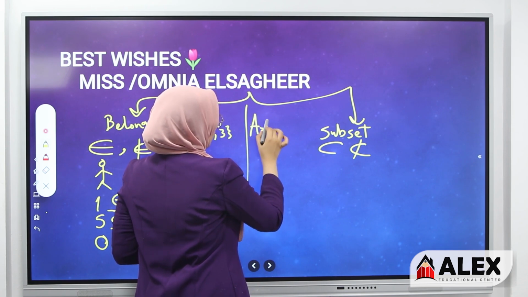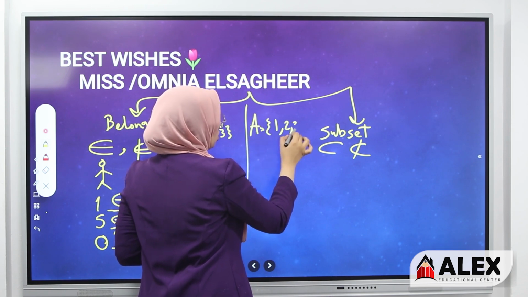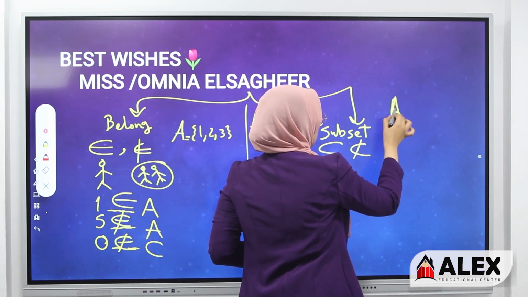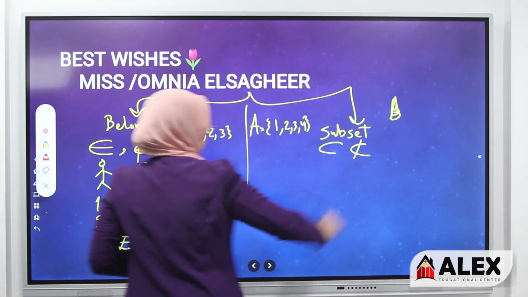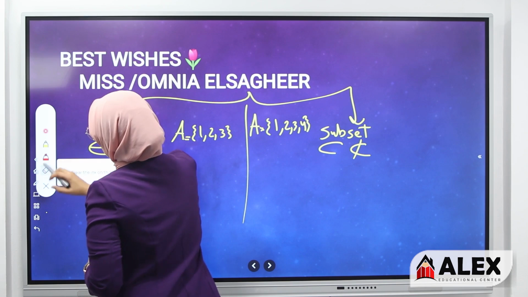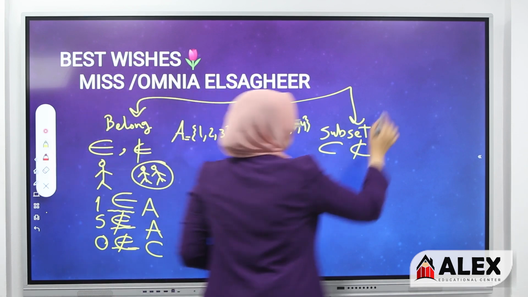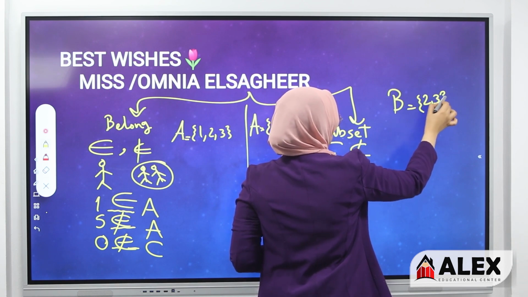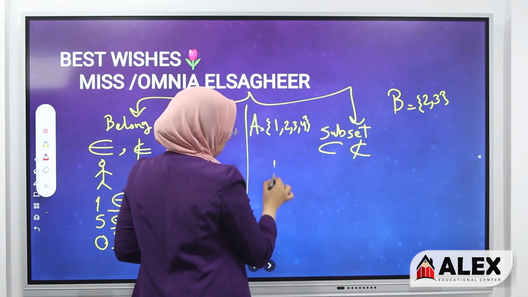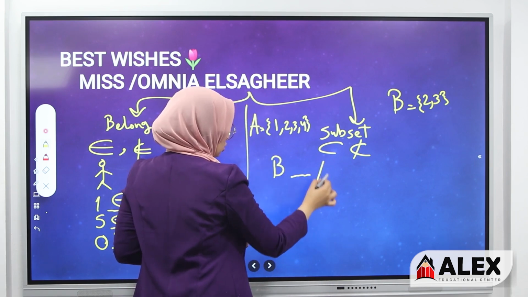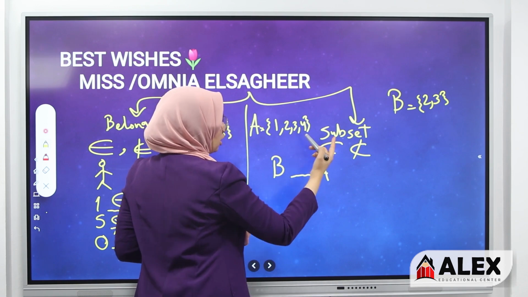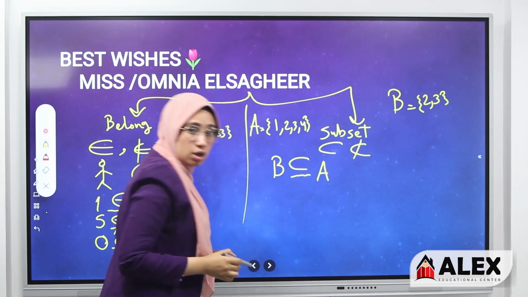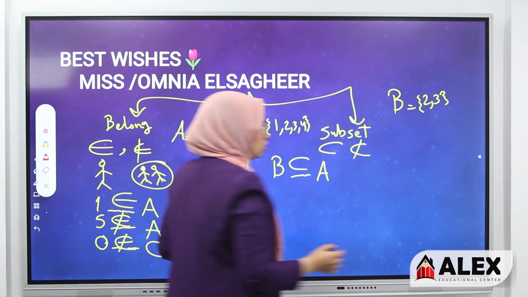Here set A is 1, 2, 3, and 4, and set B is 2 and 3. Then B is a subset or not a subset of A. B has what? 2 and 3, and here we have 2 and 3, then B is a subset of A. And how do we represent it?